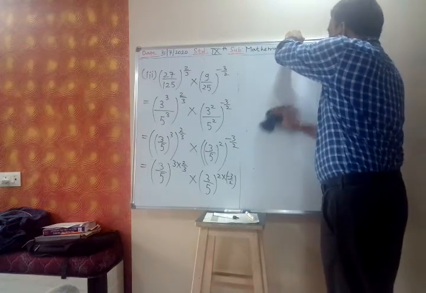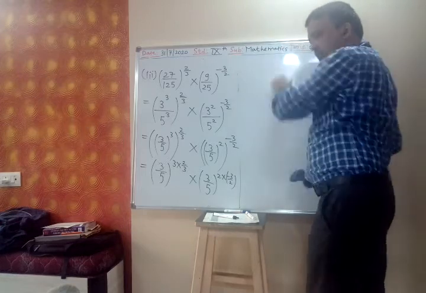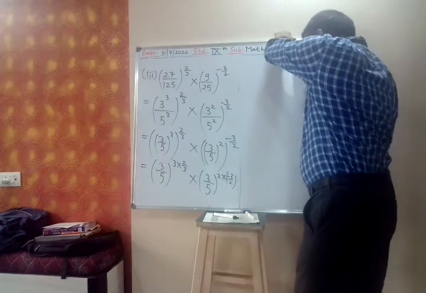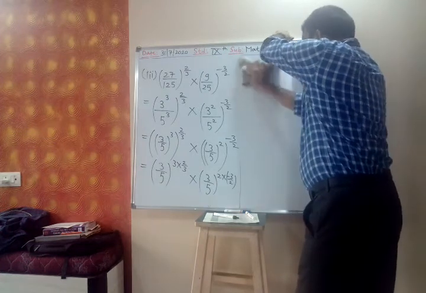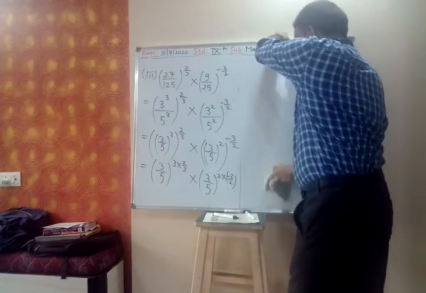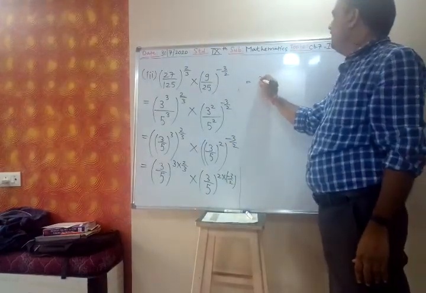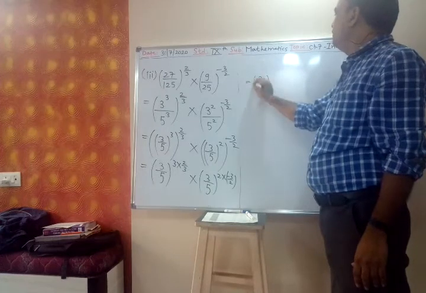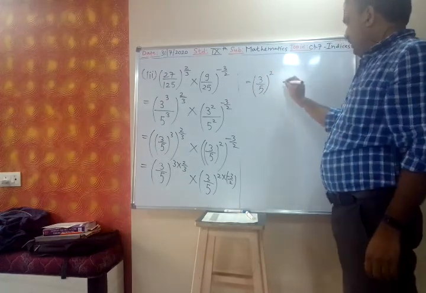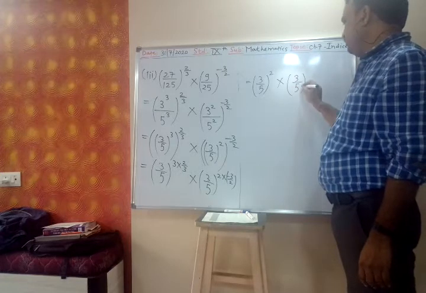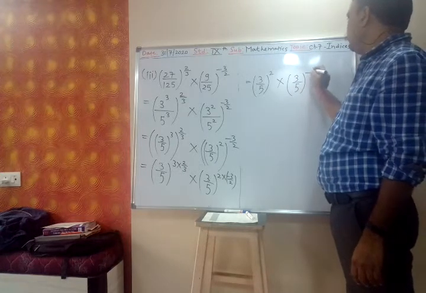Second one, 3 by 5 raised to 2. First one, 3 gets cancelled, so 3 by 5 raised to 2 into 3 by 5 raised to minus 3.